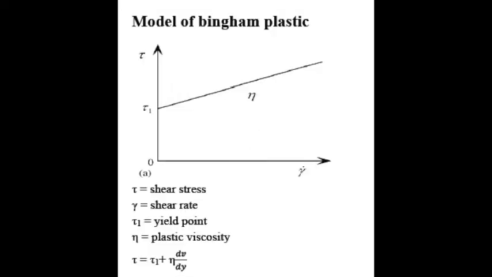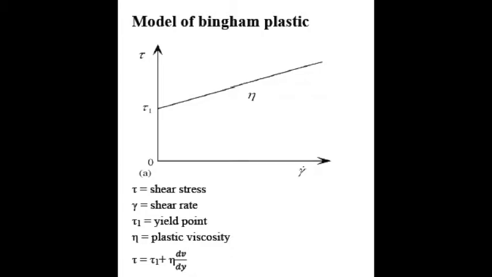Toothpaste is normally referred to as a Bingham plastic fluid. Bingham plastic is a viscoplastic material that behaves as a rigid body at low stresses but flows as a viscous fluid at high stresses. It flows only if submitted to a stress above a critical value, otherwise it behaves as a solid body.